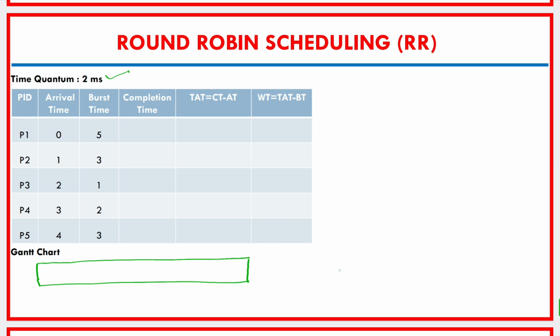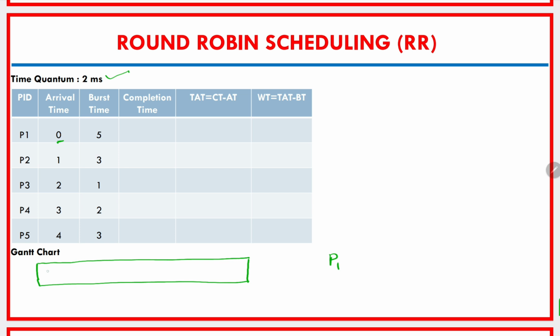At time t0, the only process waiting in the queue was P1, because it came at time t0. At that time, no other process was there. The slice is set to 2, which means every process will be given 2 milliseconds at a time.